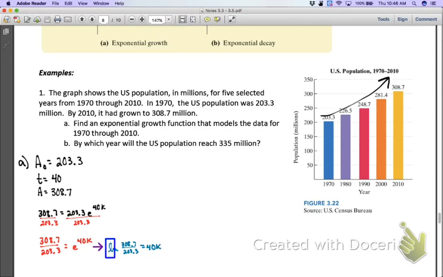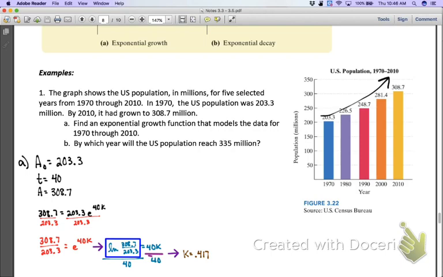So once I plug this into my calculator, which is going to be about 0.417, I would leave that in my calculator and then divide by 40. So whenever I do that, my K value would then be equal to 0.0104.